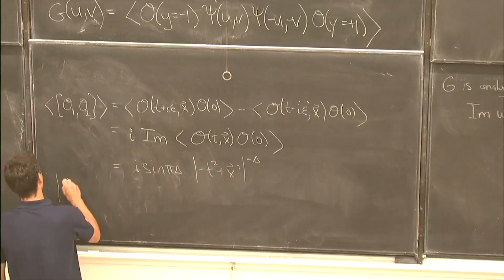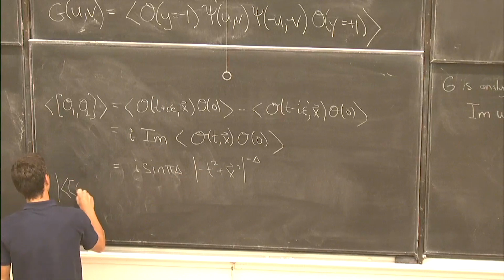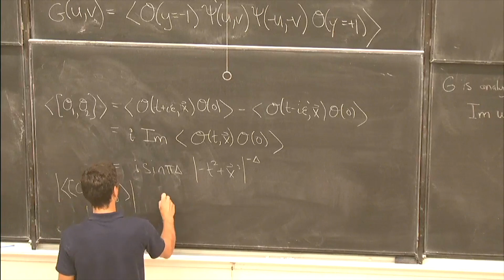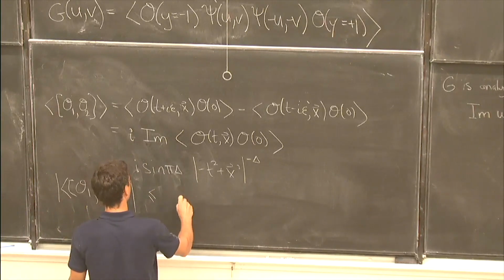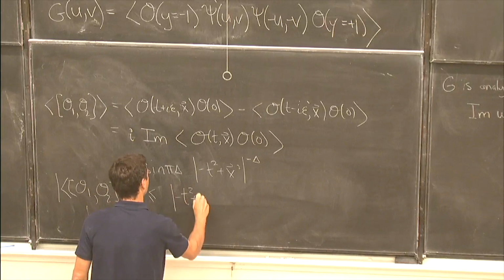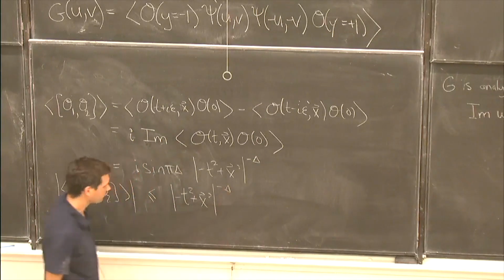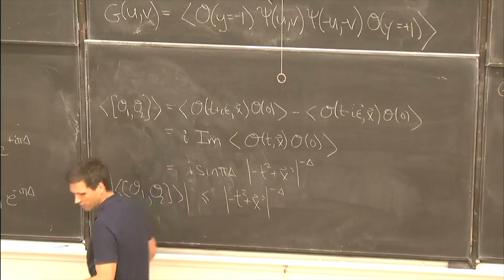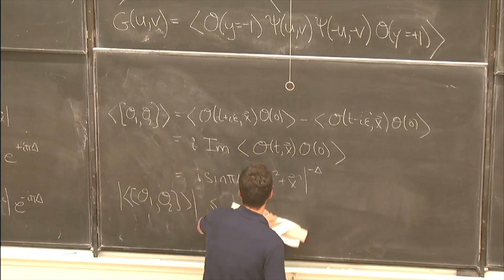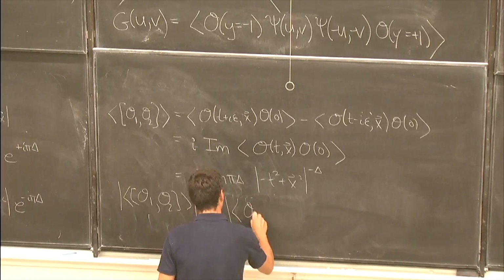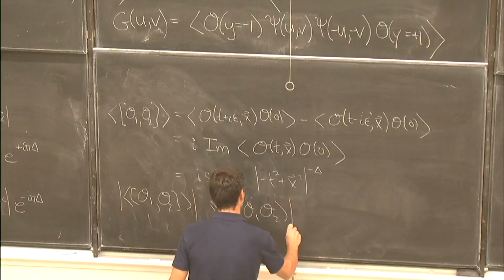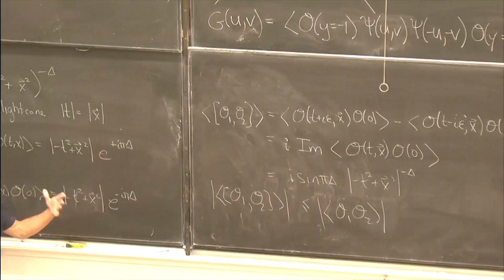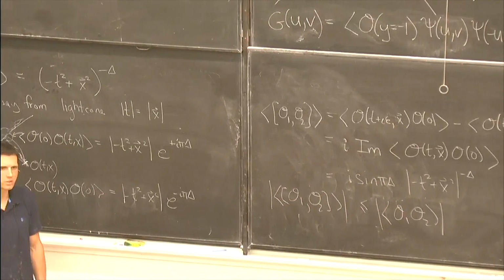And in particular, another thing you see here is that the absolute value of the commutator is less than the absolute value of just the ordinary 2-point function. Things are a little different in the higher point functions, but we'll see some very similar looking formulas in that case. Okay, any last questions for today?